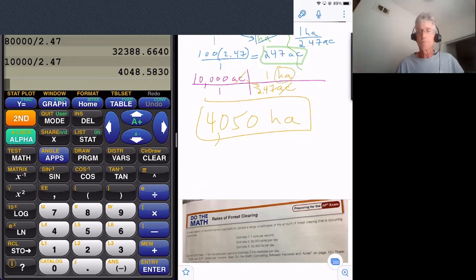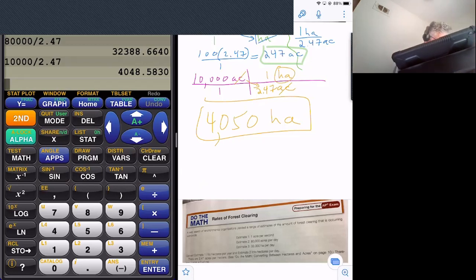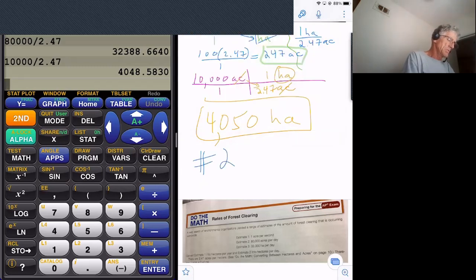Okay, so I would like you guys to do the problem at the end of the chapter. I wrote it in the assignment already. That's number 2 on page 17. So homework is number 2 on page 17.